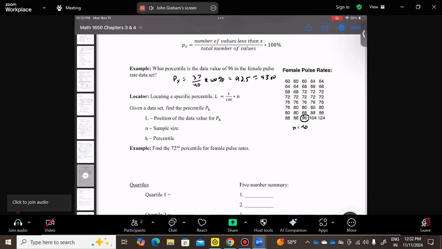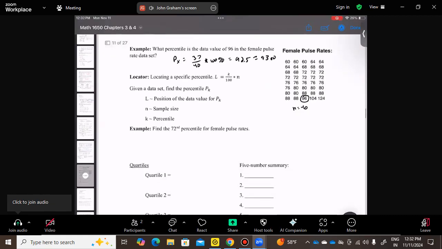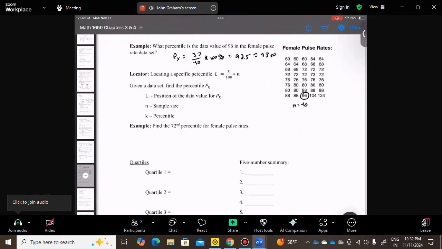N is your sample size. Okay, so if we want to know the 72nd percentile for female pulse rate, we will find the locator. 72 over 100 times 40, so 0.72 times 40, and you get 28.8.